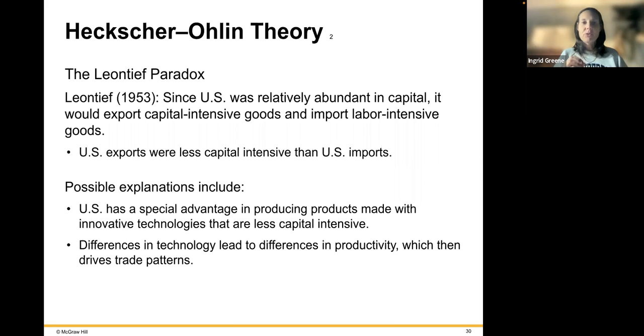And as I said, no one's really sure why we see this paradox, even though obviously many economists have looked at it. But economists still like the Heckscher-Ohlin model, but it's unfortunately a poor predictor of trade patterns because of this paradox. The Ricardo model predicts with greater accuracy.